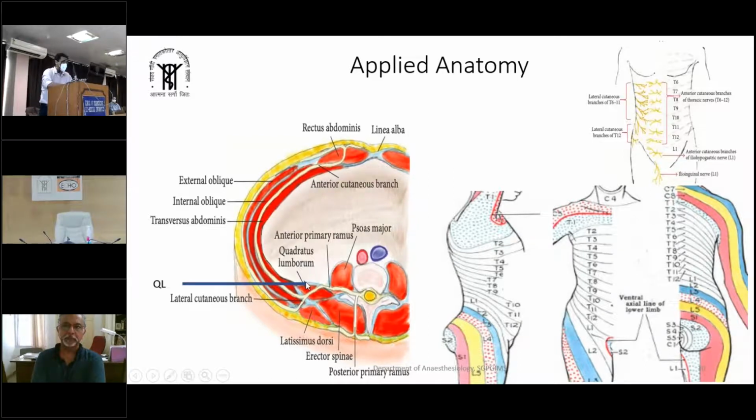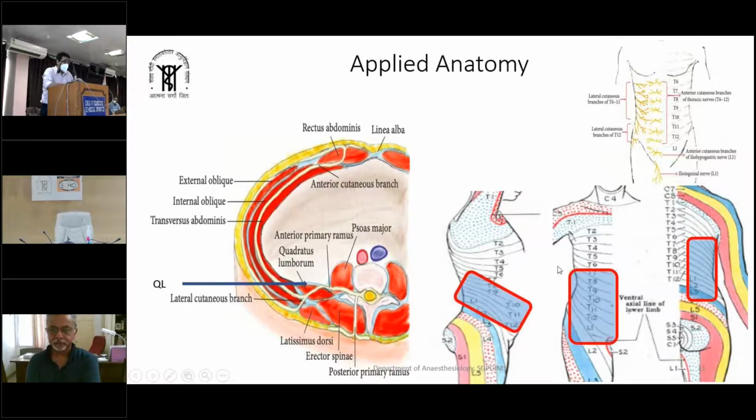So if we deposit the same amount of local anesthetic here, it will have a longer duration of action, and there was hope that this local anesthetic will trickle down and will also block the posterior primary ramus. However, studies have shown that quadratus lumborum muscle blocks the whole flank region.